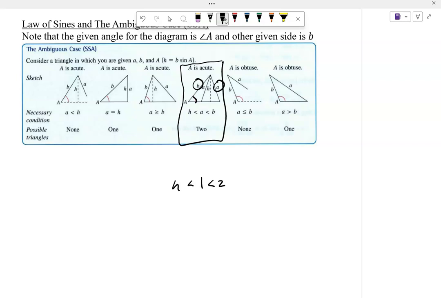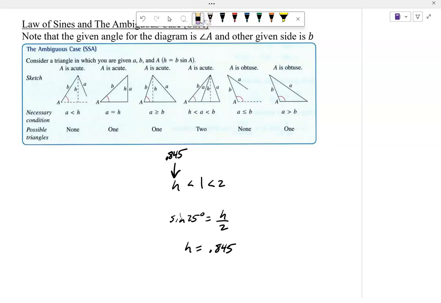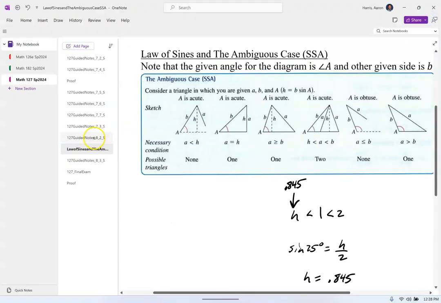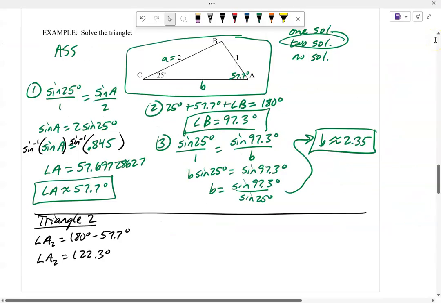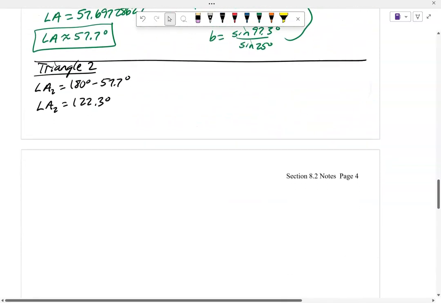I didn't solve for the h, but the h would have been sine of 25 equals h over 2, and so the h was 0.845. So that's why I know I have 2 solutions here. If you're using the handout, you don't have to, but you should be able to figure it out for the math. Regardless, let's keep going with this, and let's go ahead and draw what this thing is looking like.